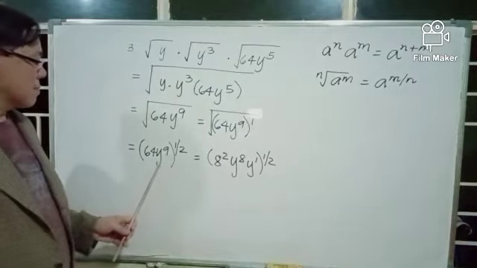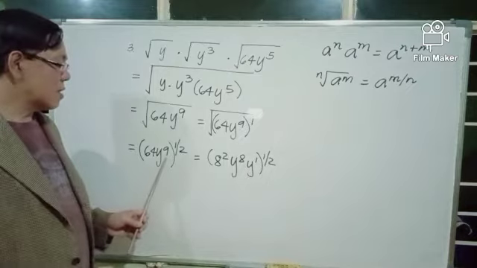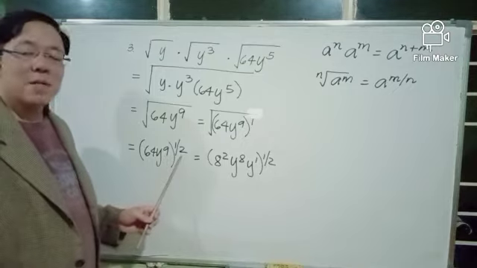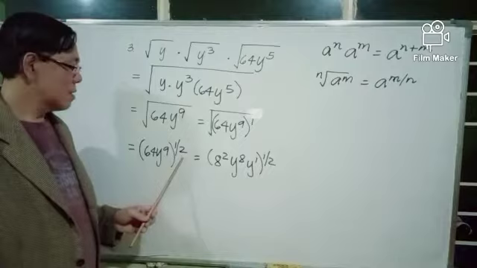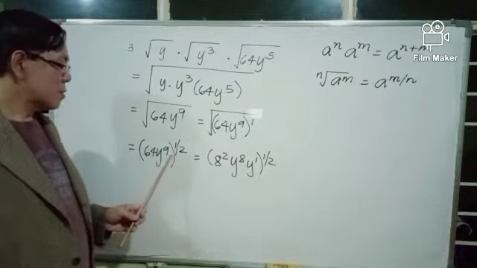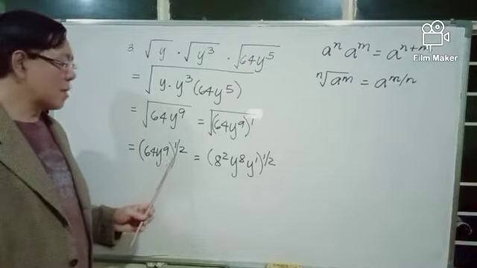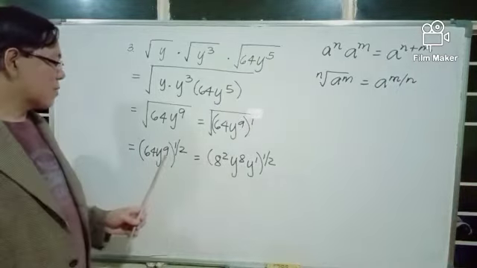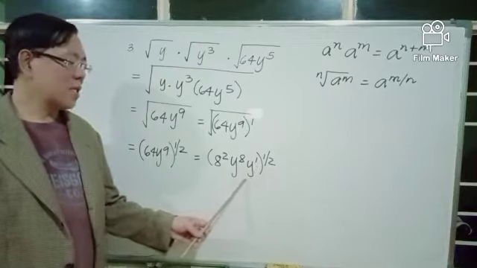If the exponent of a quantity or base is an odd number and the denominator in this exponent is an even number 2, you take the largest number from 9 that is divisible by 2, and that largest number is 8, and we subtract 8 from 9 and you get the exponent of the other y in the product.